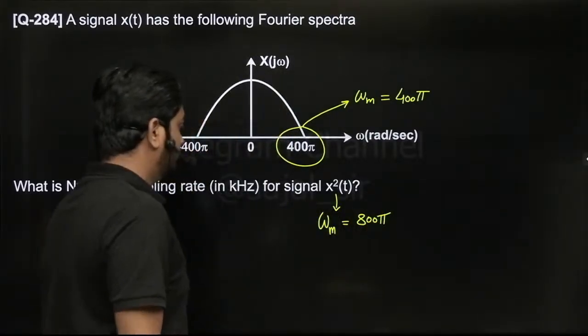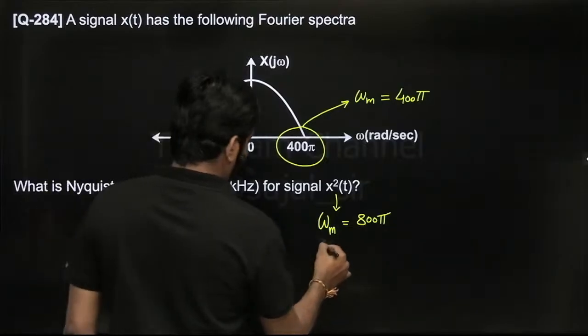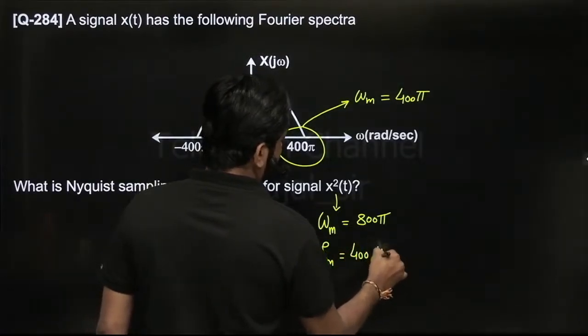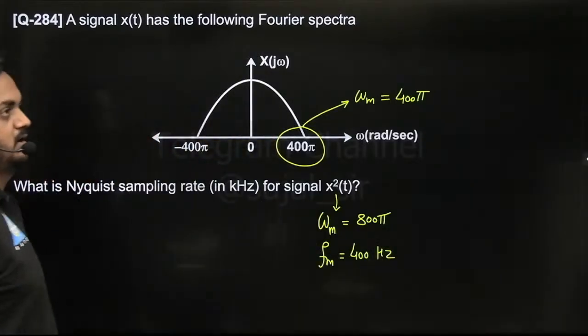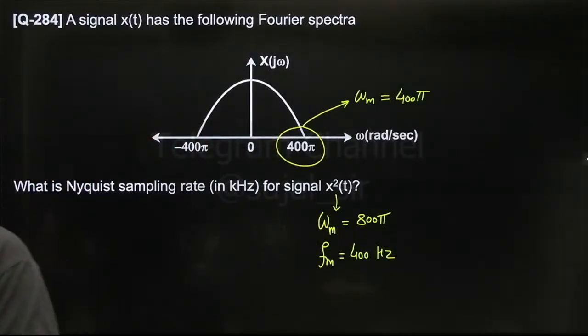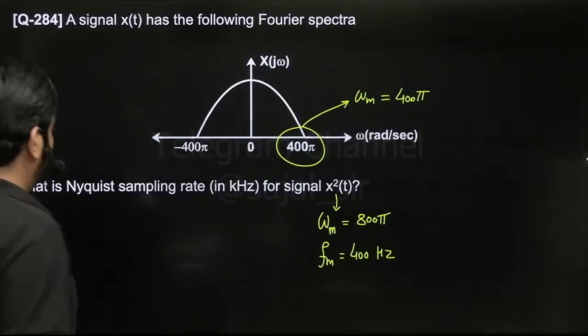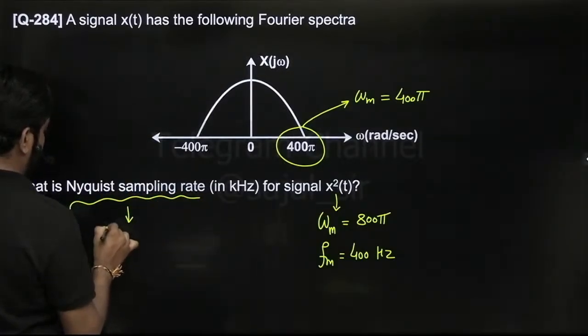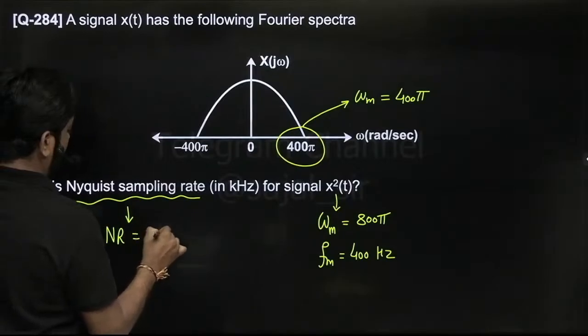If you are writing fm, it will be divided by 2 pi, that is 400 hertz, guys, correct? So what is the Nyquist sampling rate? The Nyquist sampling rate is nothing but double of fm.